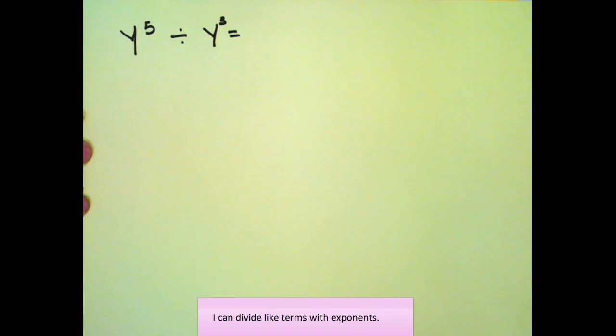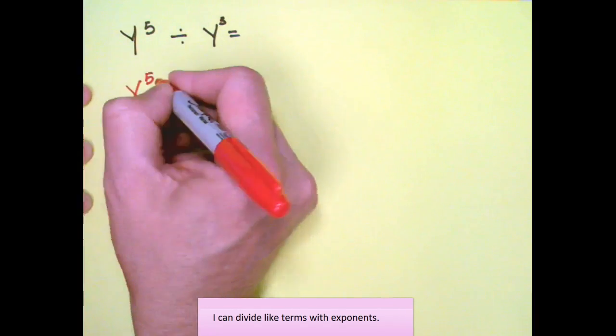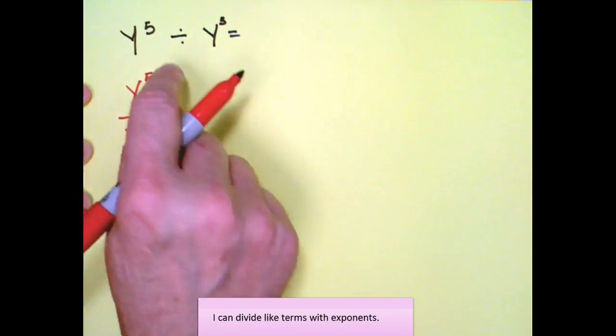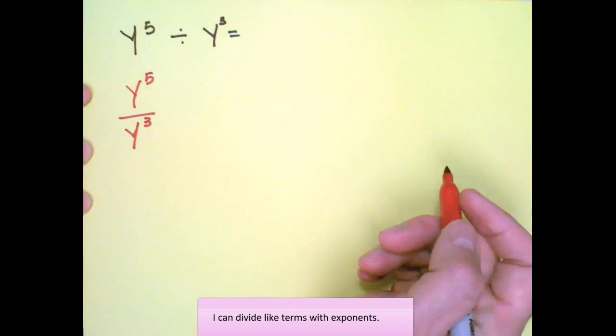And let's take a look at our second learning goal, which is dividing like terms with exponents. So up here we have y to the 5th divided by y to the 3rd. And we can also write that as y to the 5th over y to the 3rd, because a division problem is a fraction problem.